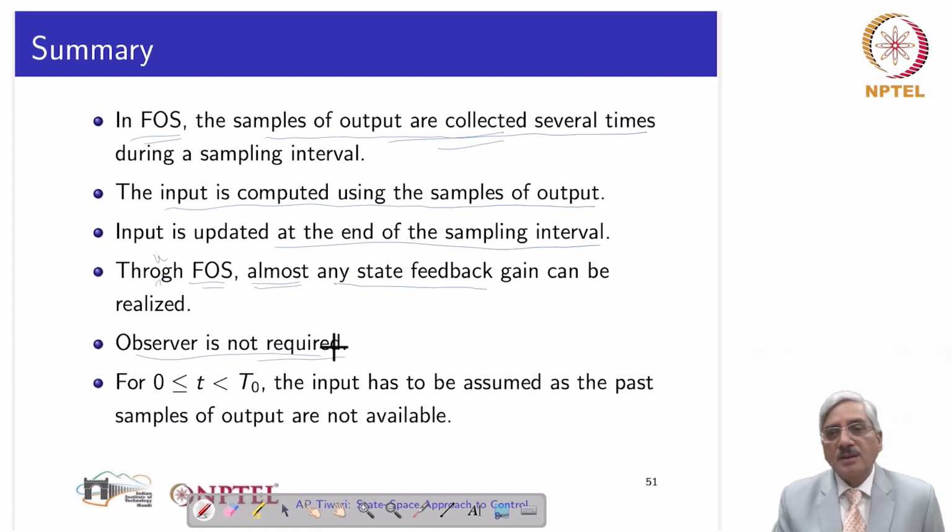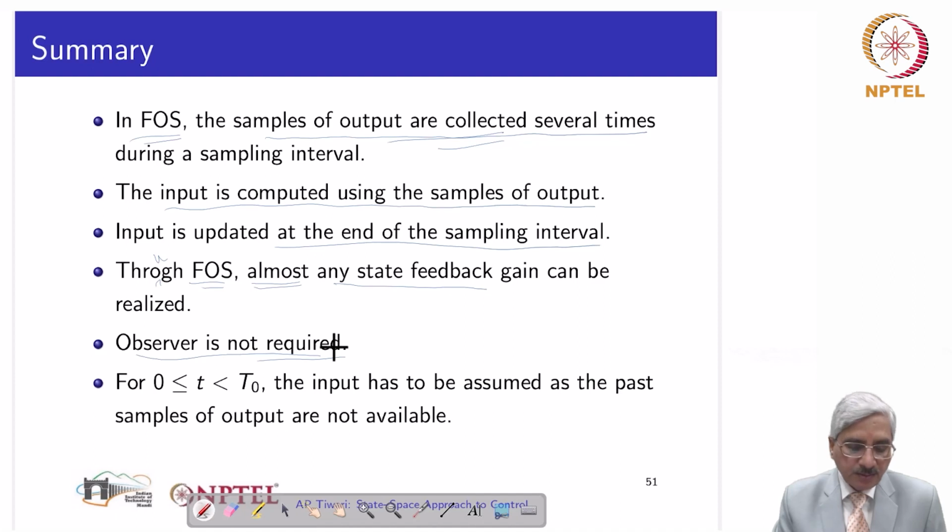We discussed in the introduction in the previous videos that if we have to implement a state feedback, that necessitates an observer, and we learnt about the Luenberger full order or reduced order observer. But like MRIC, the multi-rate output controller obviates the need of an observer. Similarly, with the fast output sampling based controller, we will not require any observer.